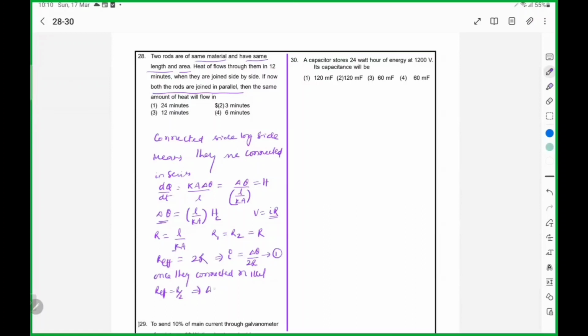So then delta Q by delta t will be delta theta by R by 2. Heat flows through them in 12 minutes.